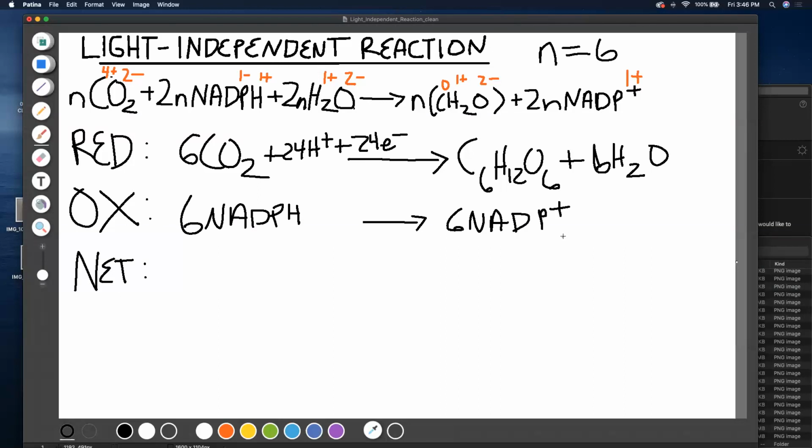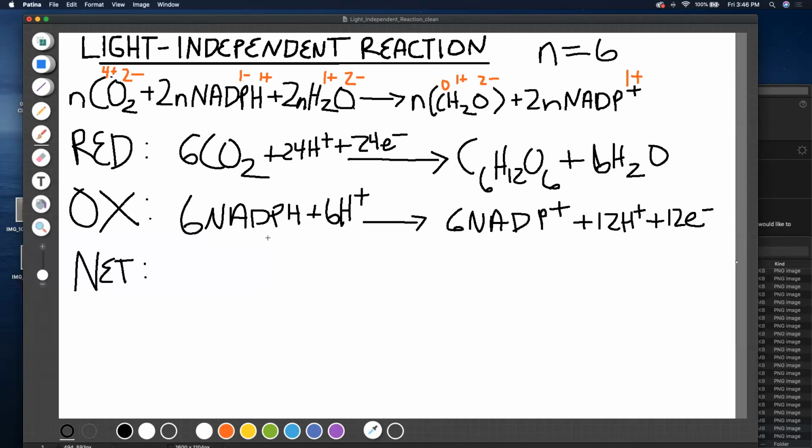Okay. All right, let's look at this. You can already tell that your charges are off, so let's add 6 hydrogens here. Your charges are balanced, but we have to add in 12 hydrogens here to balance the amount of hydrogen atoms. Okay, so 6 hydrogens in NADPH, 6 hydrogens here, 12 hydrogens, okay. And we have +6 here, we have +6 here, okay.